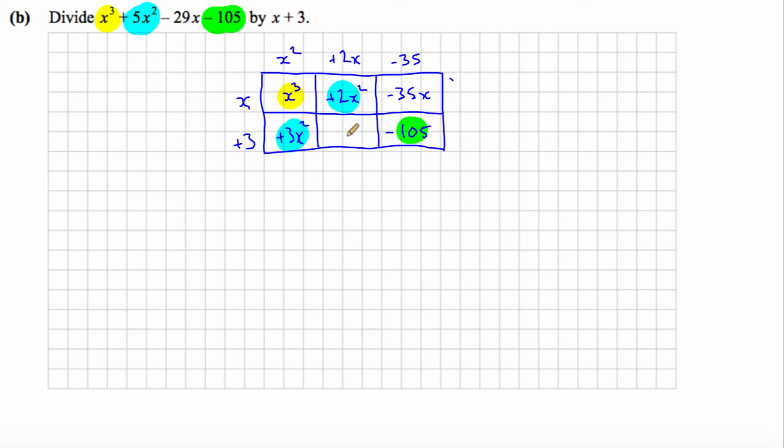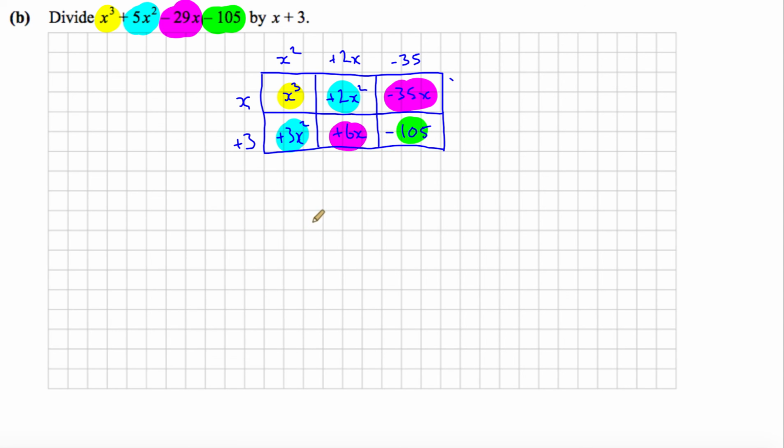And then just to finish it off, even though I now have my answer on top, let's just check then. 2x multiplied by the 3 here to fill in the final grid gives me 6x. And to show to myself that I'm correct, or just as a check, the 6x and the minus 35x should give me minus 29x, and they do, because 6x minus 35x is minus 29x.